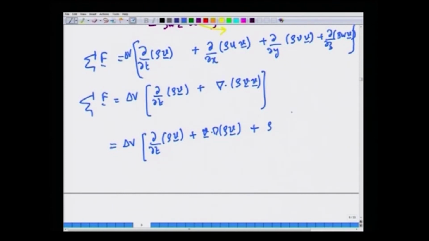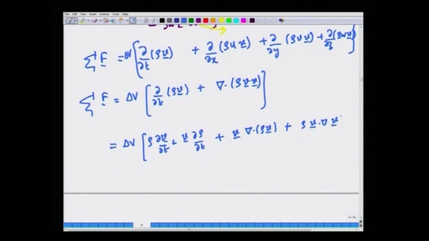Let me simplify the entire thing. We can write this as rho dv dt plus v d rho dt plus v times del dot rho v plus rho v dot del v.